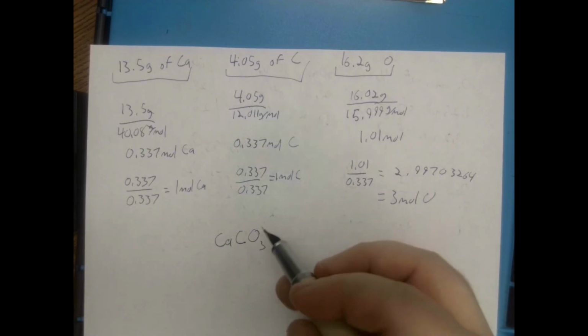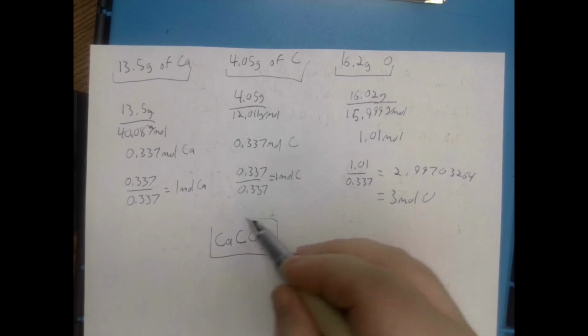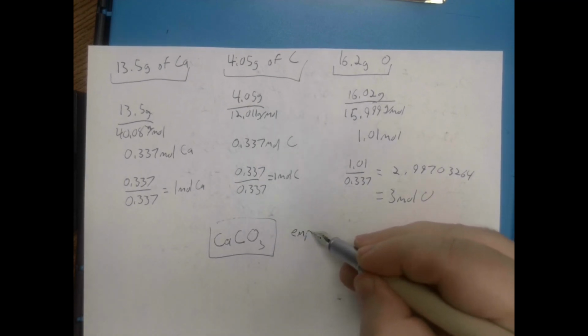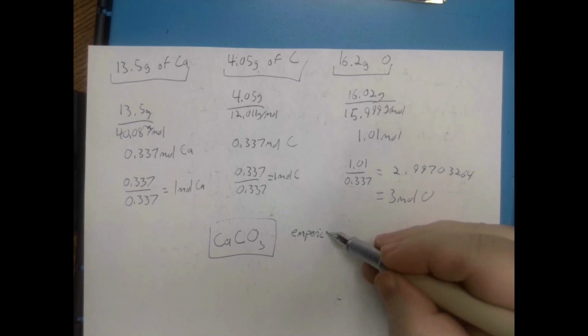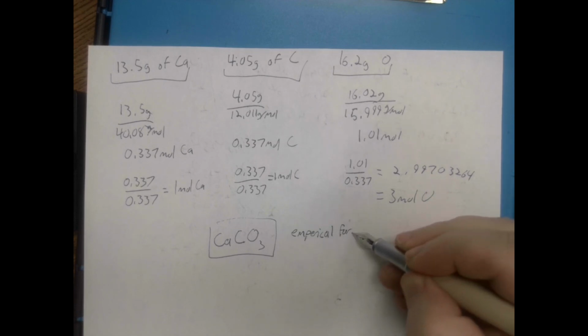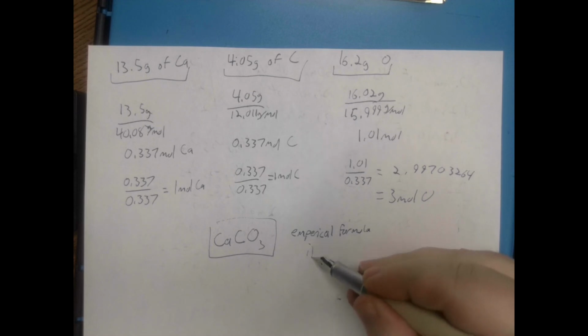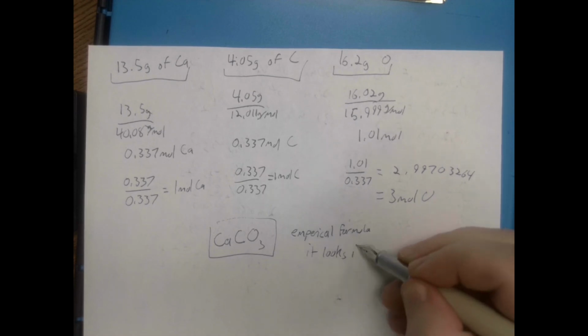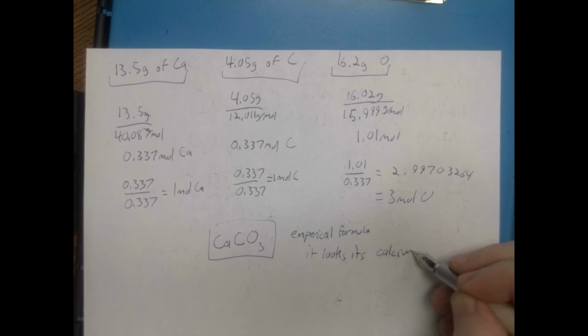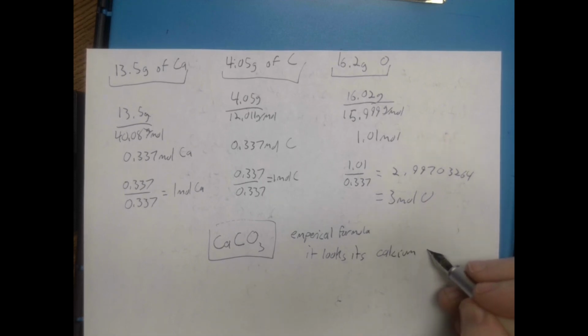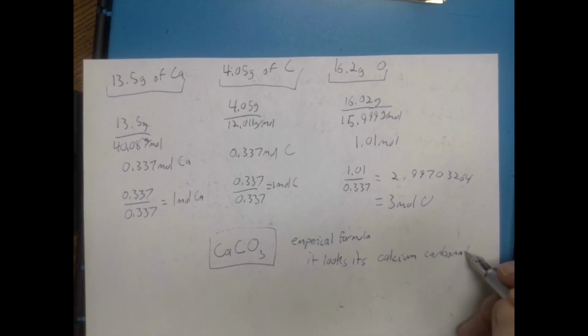What would be the name of this? So this is the empirical formula. It looks like it's calcium carbonate. But remember, this is the empirical formula. We don't know if it's truly calcium carbonate or not.